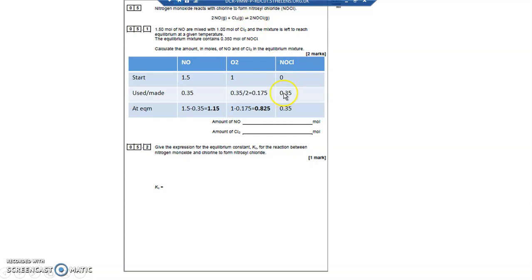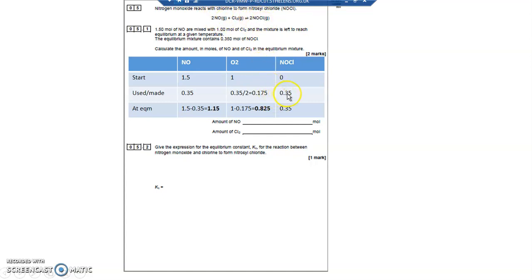Well, if 0.35 moles of NOCl have been made, we can work out what it's been made from. So it's used up some of the reactants to make the product. 2 moles of NO make 2 moles of NOCl, so the same number of moles of NO are used up to make the same number of moles of NOCl.